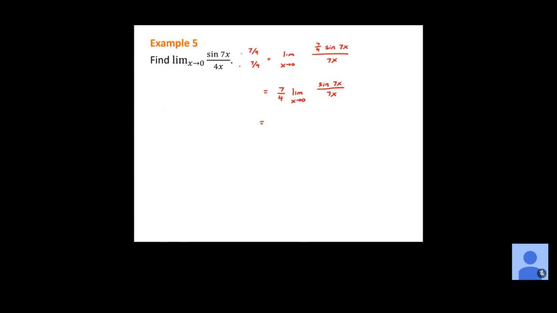Now, what is that limit going to be equal to? Just the limit part. 1, right? Because we've matched up what's inside the sine with the denominator. So now I have 7/4 times 1 using that property from the last slide. And so this overall limit should be equal to 7/4.